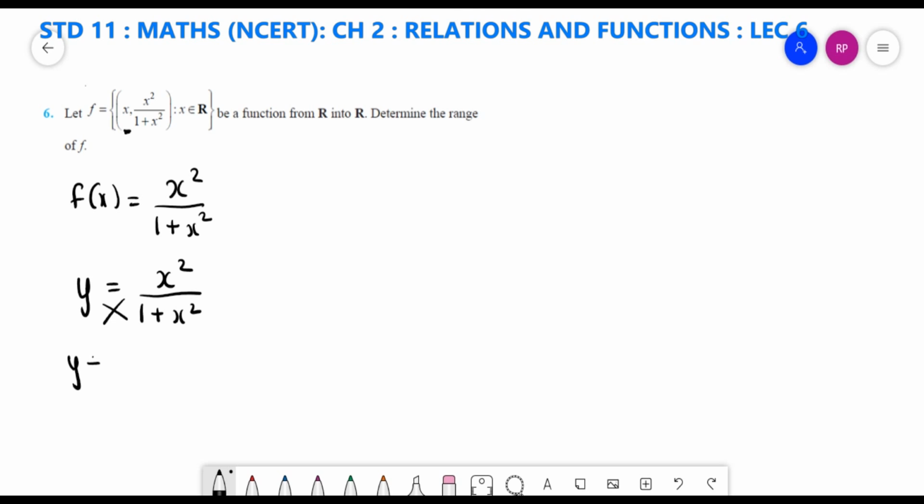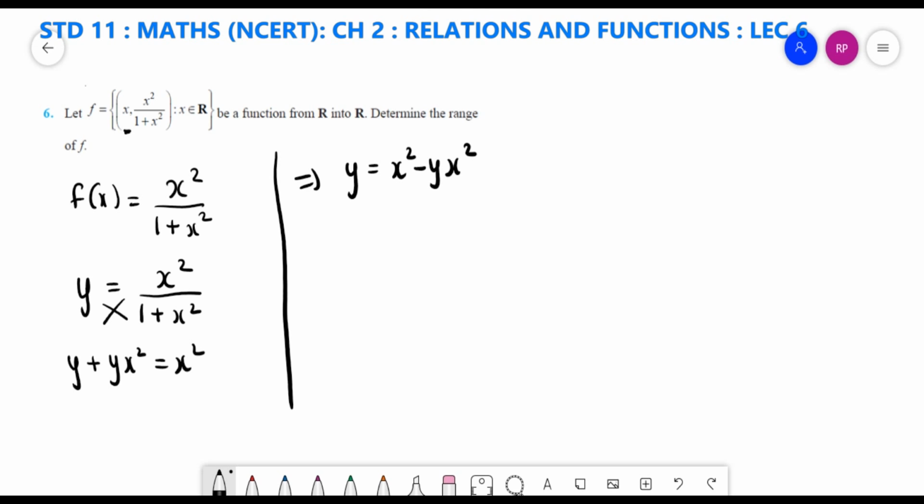So now cross multiply: y into 1, so y plus y x square equal to x square. Clear? Now I need to find the formula for x. So y equal to x square minus y x square. So y equal to x square common 1 minus y. What will be x square? x square will be equal to y upon 1 minus y.